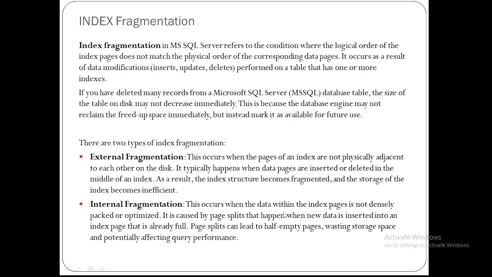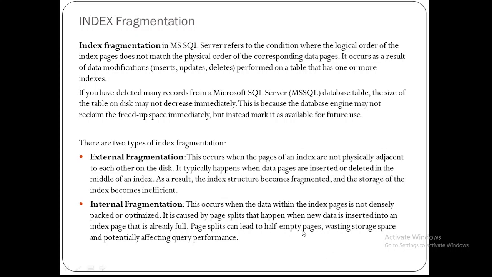Internal fragmentation occurs when the data within the index pages is not densely packed or optimized. It is caused by page splits that happen when new data is inserted into an index page that is already full. In that case, the new data will occupy the next page, and this leads to half empty pages.